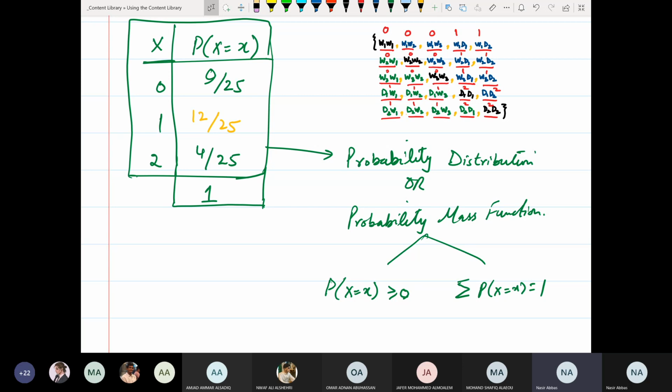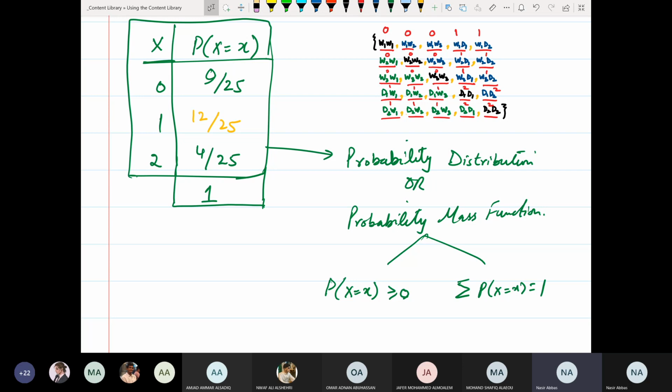Why am I calling it a probability mass function? Because I can write this table in terms of a function also. Although in the exam we will not expect you to write this in terms of a function, I can if I want to.